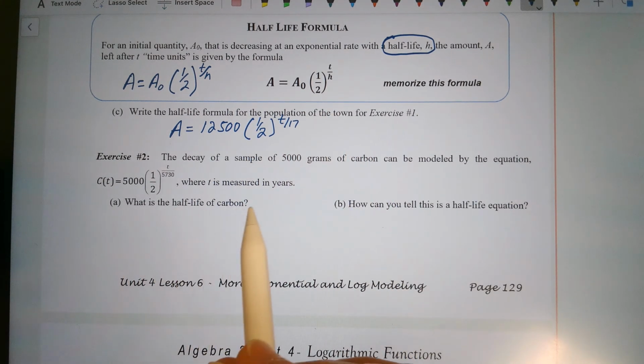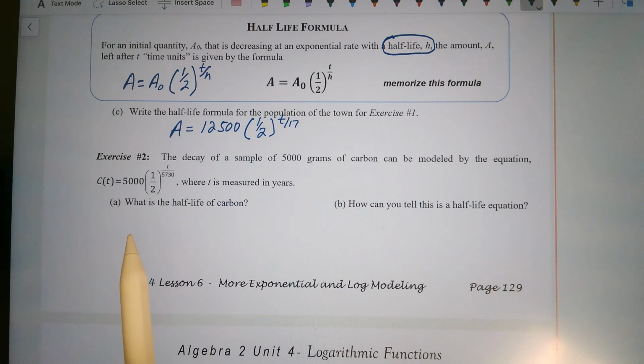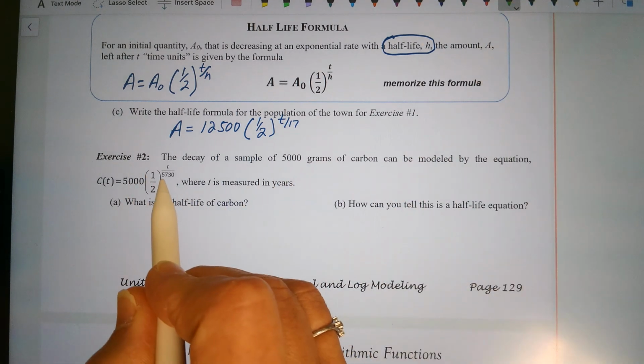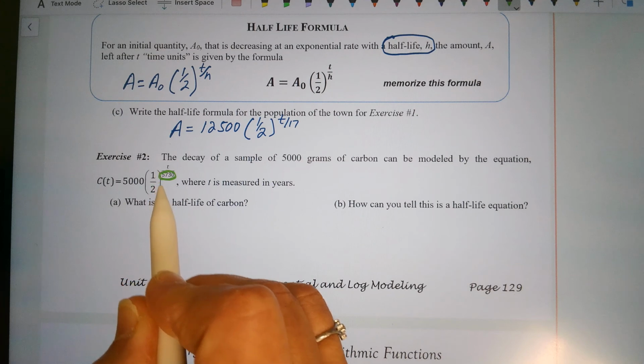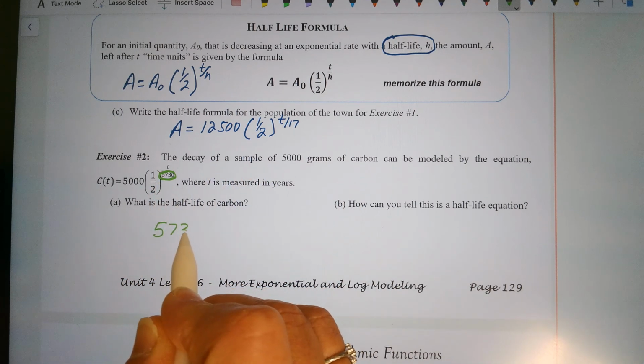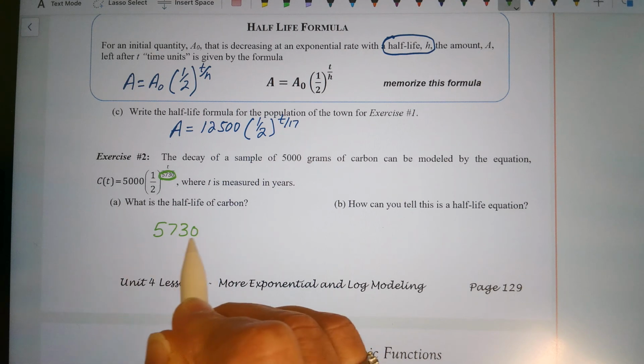The decay of a sample of 5,000 grams of carbon can be modeled by the equation C of t equals 5,000 times 1/2 raised to the t divided by 5,730, where t is measured in years. What is the half-life of carbon? The half-life is this right here. This is our h value, 5,730 years.